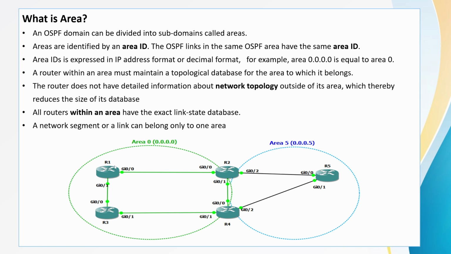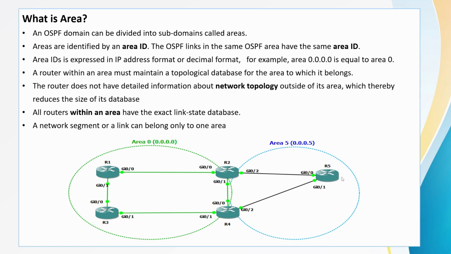For example, router R1 in area 0 does not know R5. R5 is in area 5. R1 does not know how R5 connects. R1 does not know that R5 connects to R2 and connects to R4. They don't have this detailed information.